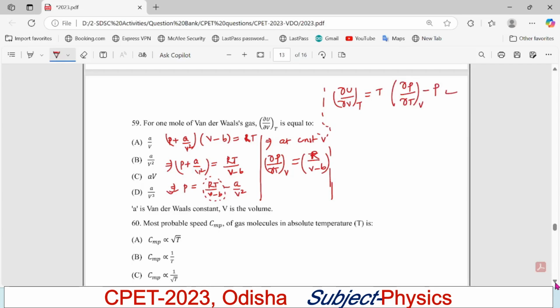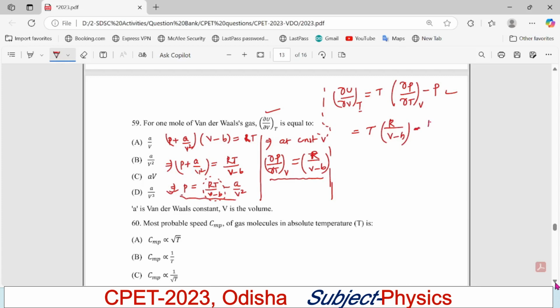So del U by del V at constant T will be equal to how much? T into del P by del T at constant V, we found this value. You just substitute this value, R by V minus B, minus the P value. P value is this much. You just put it over here.